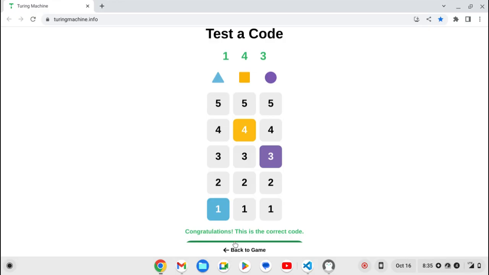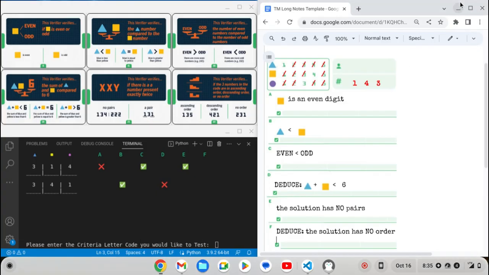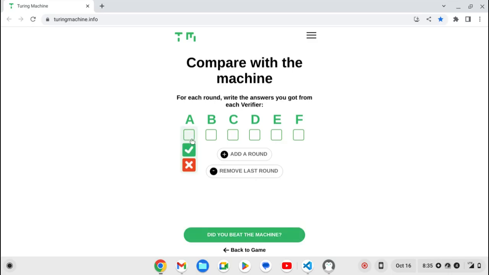Fantastic. And how did we do versus the Turing machine? Well, as I recall, I think we only did 5 tests versus the 6 criteria cards. So that was very helpful. We did A, C, E in the first round, and then we did B, D in the second, and we skipped F. So A was wrong.